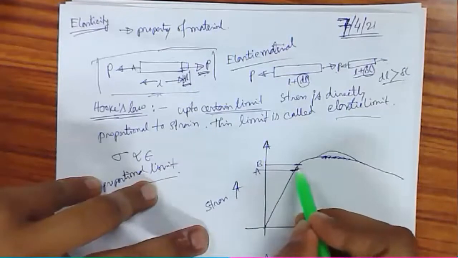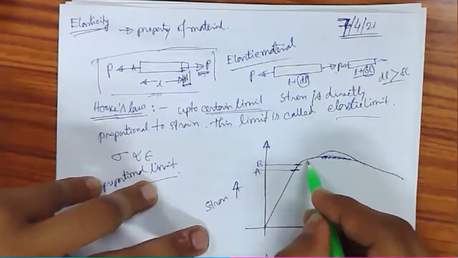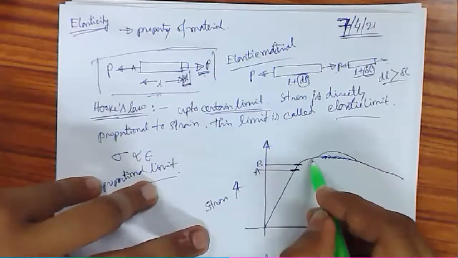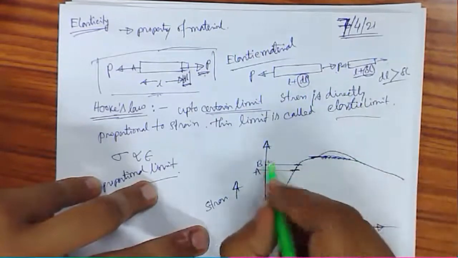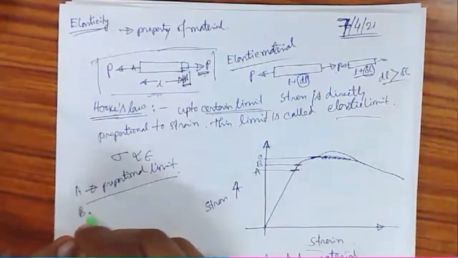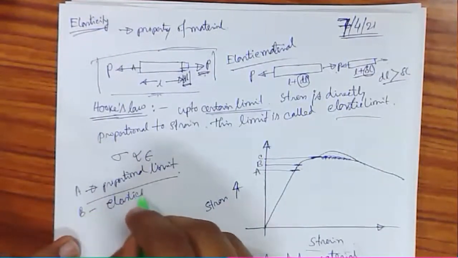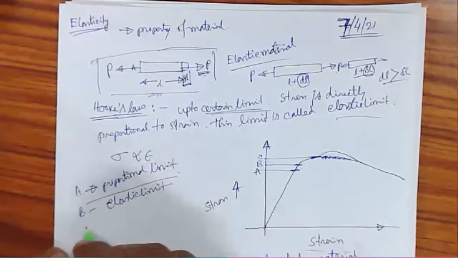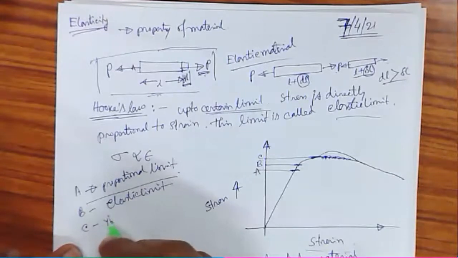After crossing B, in this region there is a point which will be called C. Here B is elastic limit and C is yield point.